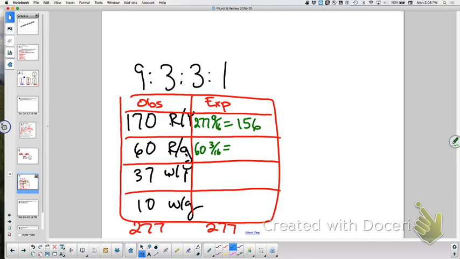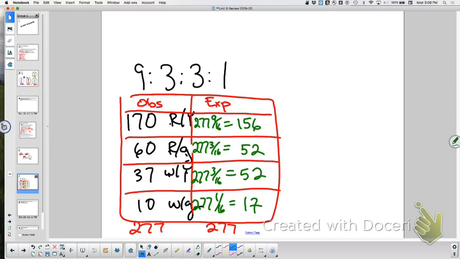What'd you get? 52. And then this one's going to be the same thing, right? And then 277 times 1/16. What's that? 17. So what do we need to do?